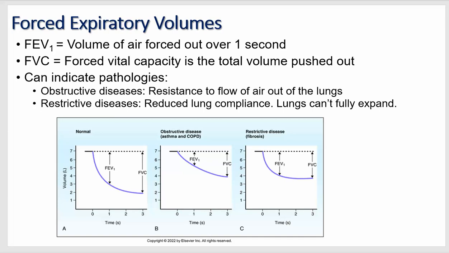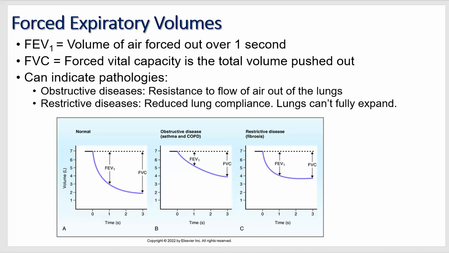If you think about what matters, if you have a patient who is wheezing and can't breathe very well, you might see that if they try to push their air out, so let's say you breathe in 3,000 milliliters of air, and then you push it out.